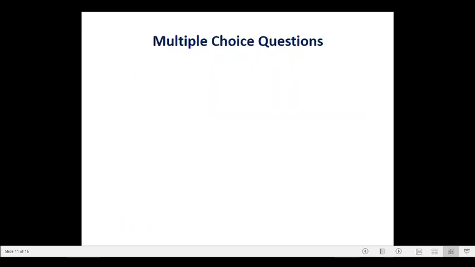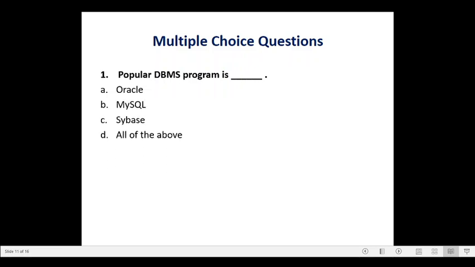Now, based on the content where we have understood database management system, the features, its advantages and disadvantages, let's try to answer the questions. Question number 1. Popular DBMS program is Oracle, MySQL, Sybase, all of the above.